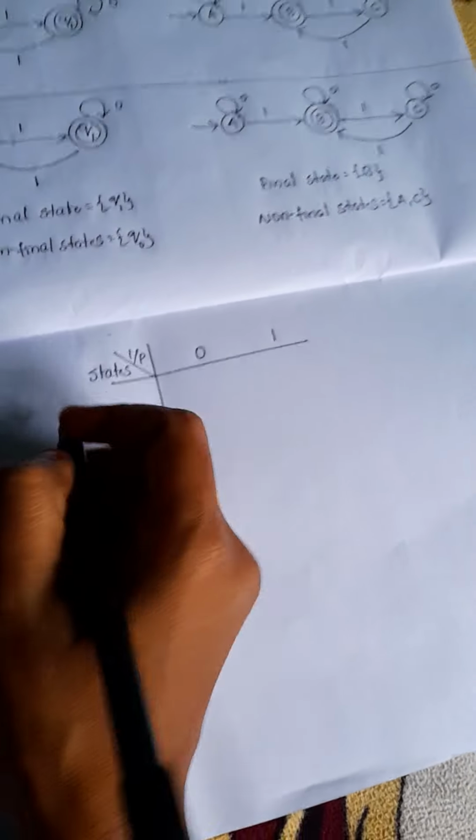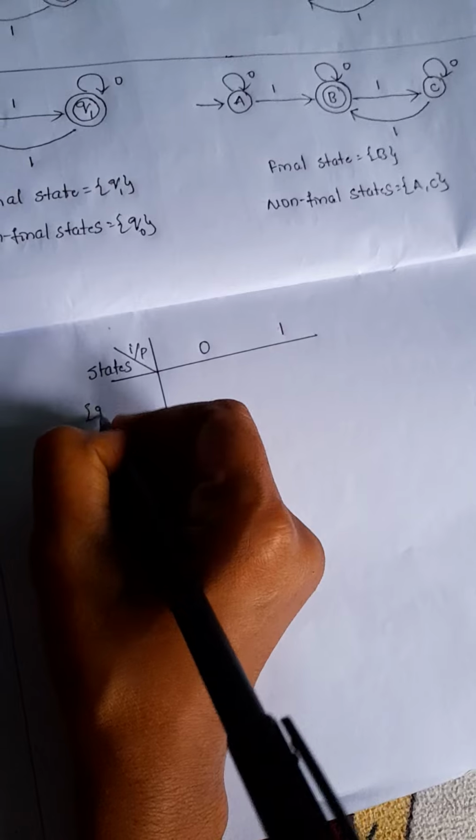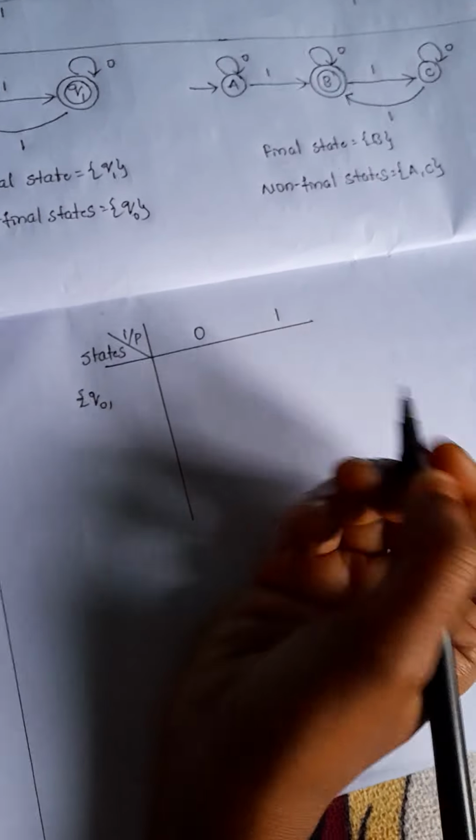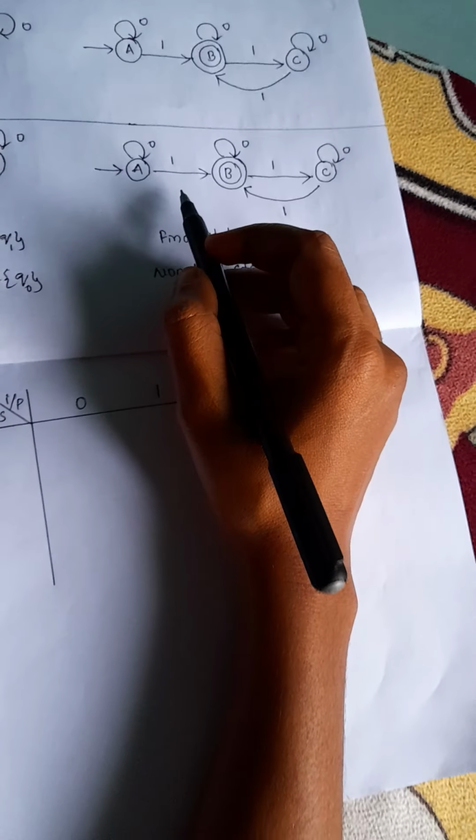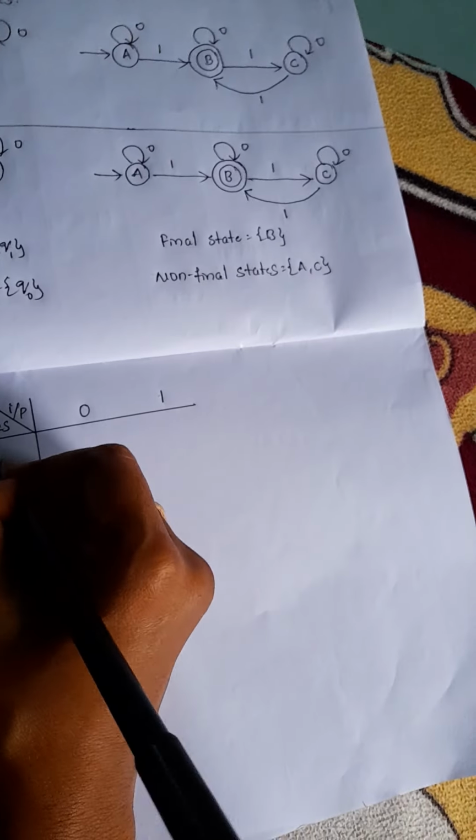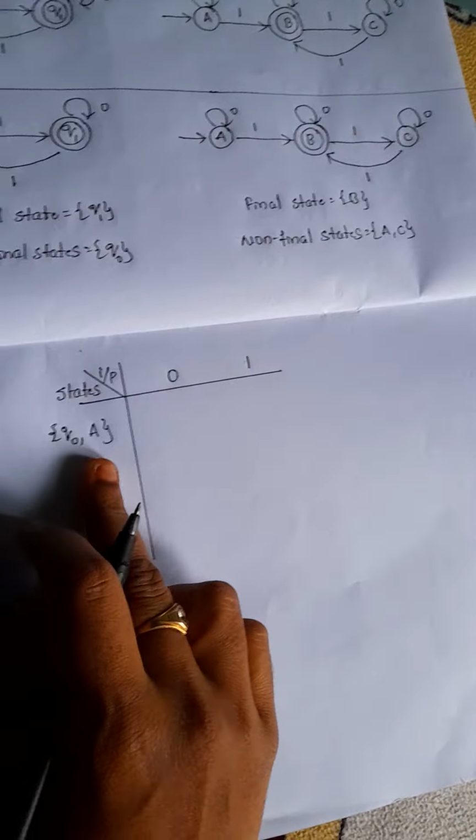What is the initial state here? The initial state is Q naught for the first finite automaton, and for the second diagram the initial state is A. So initially we will take the combination of the two initial states.